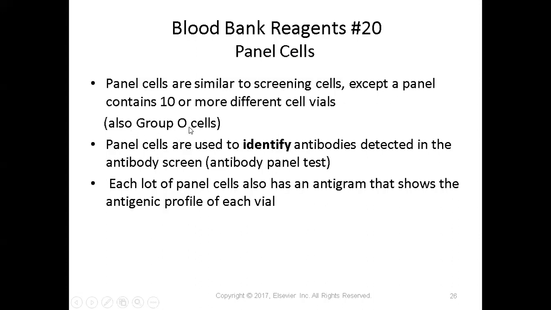Once again, it's critical that they must be type O because we don't want any cross-reactivity with ABO antibodies. They would be used to help identify the unexpected antibodies. Excuse me, I've got to take a drink of water for 1 minute.